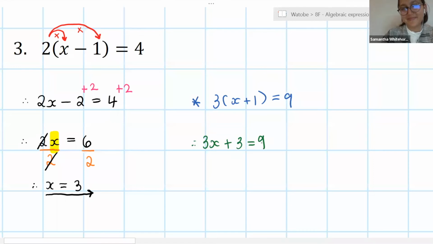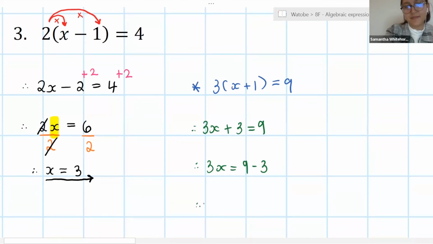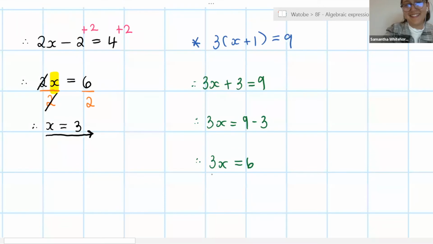Then I said 3x is equals to 9 minus 3. And then 3x is equals to 6, divided by 3 on both sides. Good. And your answer is x is equals to 2. Wonderful. Well done. Excellent.